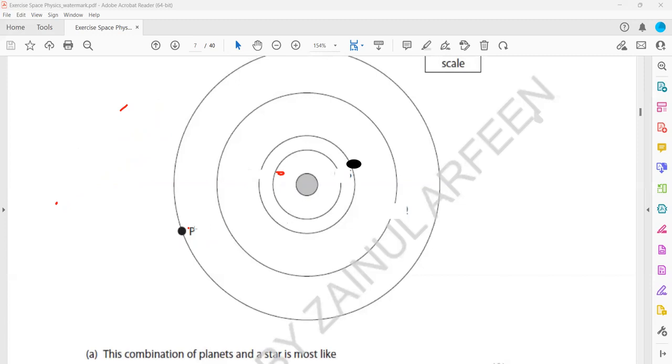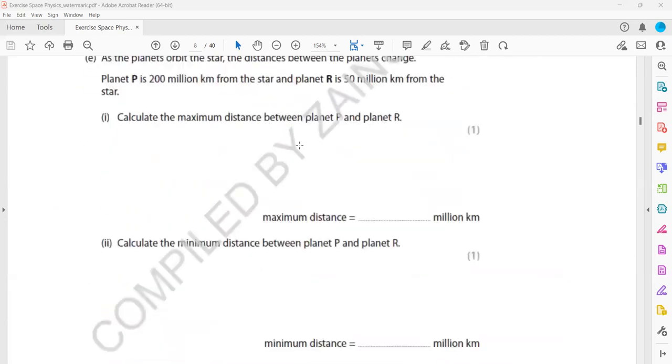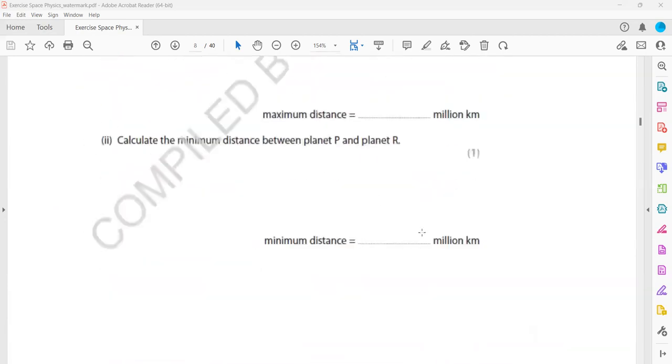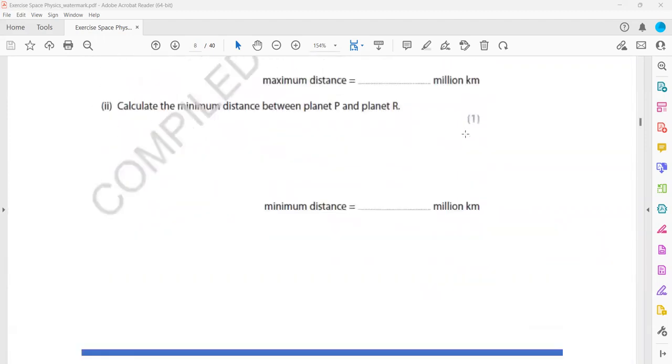This distance is 200 and this is 50, all distances from the center. So 200 million plus 50 million gives 250 million. That's how we work out the minimum and the maximum distance between them. Maximum was 250, minimum is 150.